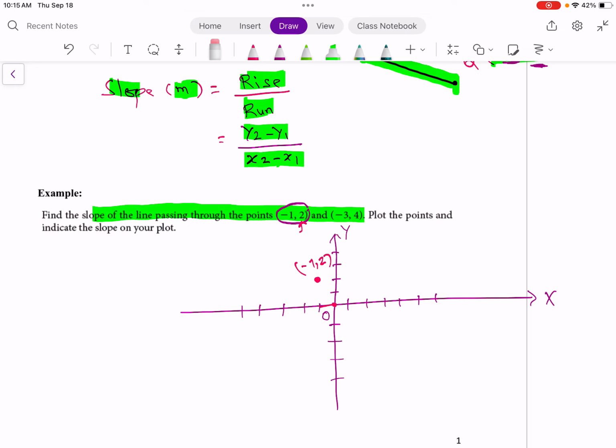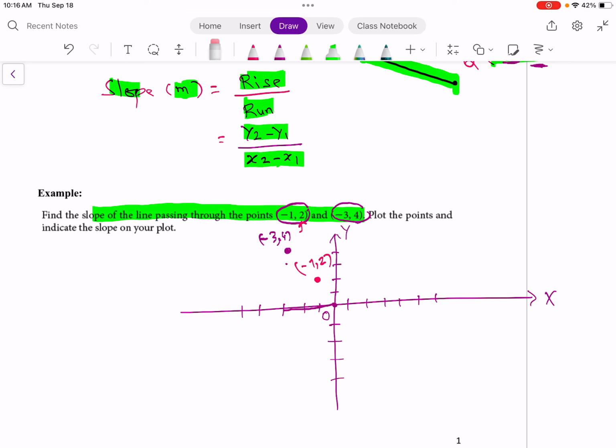Now let's plot the second point, -3, 4. For -3, you start from the origin. Since it's negative, you move 3 units left, 1, 2, 3, then 4 units up, 1, 2, 3, 4. So this is -3, 4.